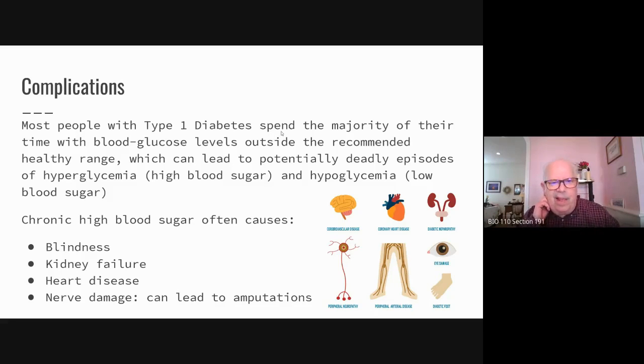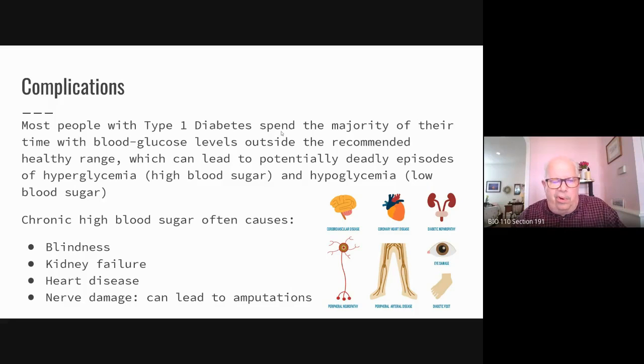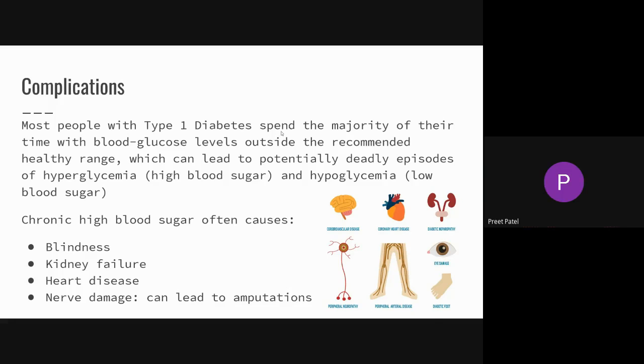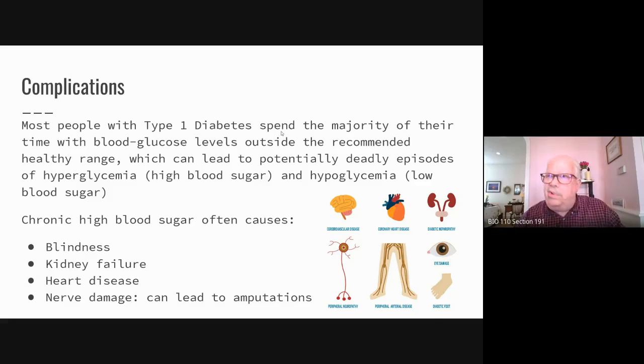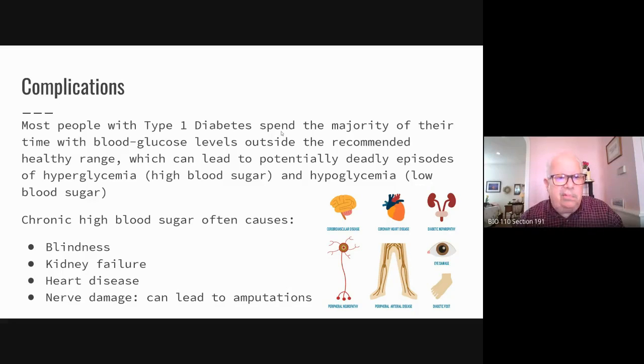Okay, Preet, let me ask you a question. You see a patient who has a blood sugar of 700. The normal is 100. What hormone do you give them to lower their blood sugar? Insulin. Right, insulin. Good.